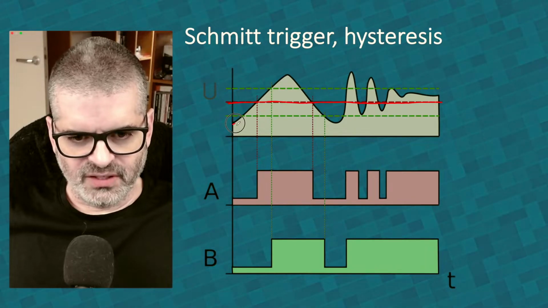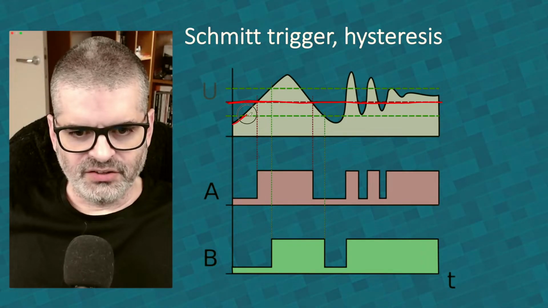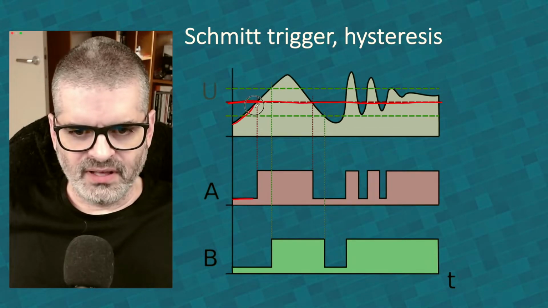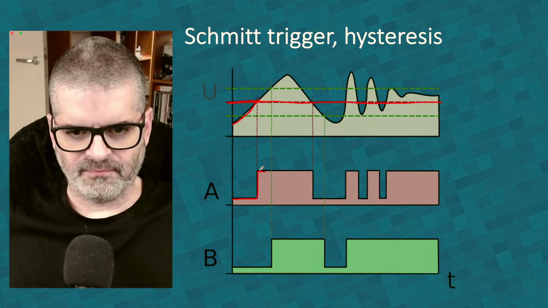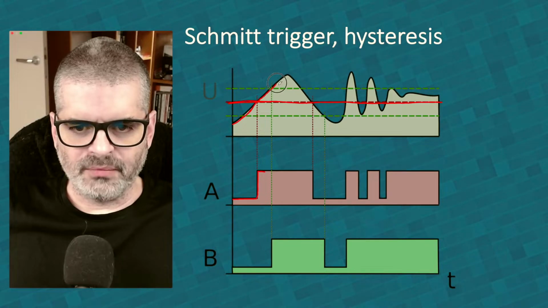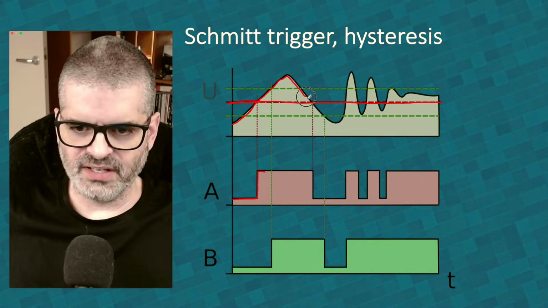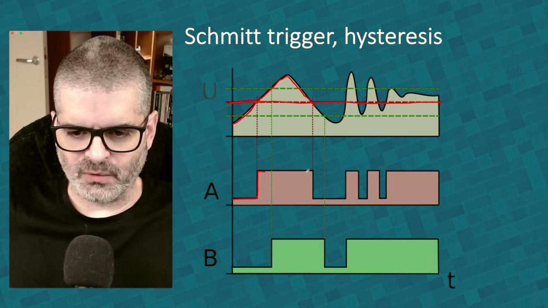Here, because this voltage level is below the 1 threshold, the signal is low, and that's what you see here. At this point here, it crosses the threshold, so the signal goes high. And then it stays above the threshold, even though it's going up and then down by quite a bit, and then it crosses the same threshold back low, and that's this.